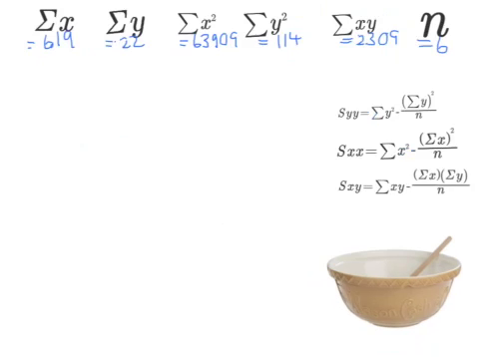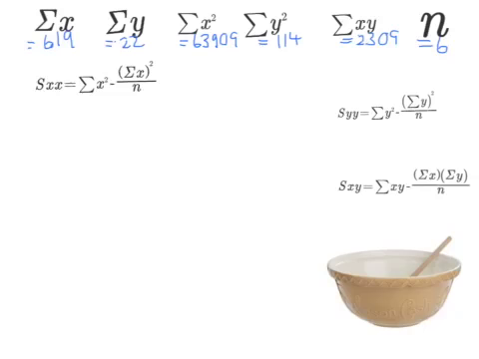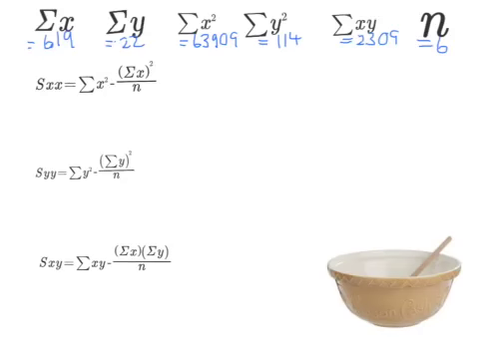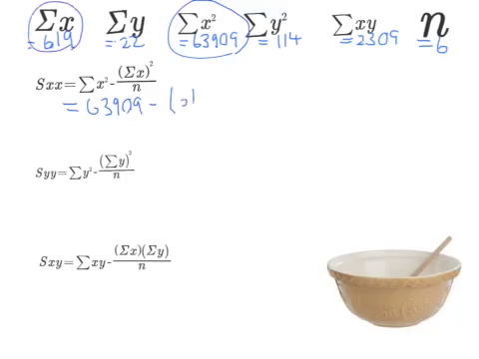Okay, so let's work all of these out. Let's first of all do SXX, and then we'll do SYY, and then lastly, we'll do SXY. SXX is the sum of X squared, 63909, minus the sum of X, that's in the bracket, 619, squared, divided by N, which is 6.